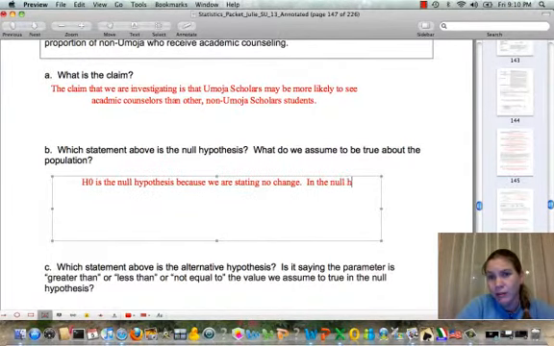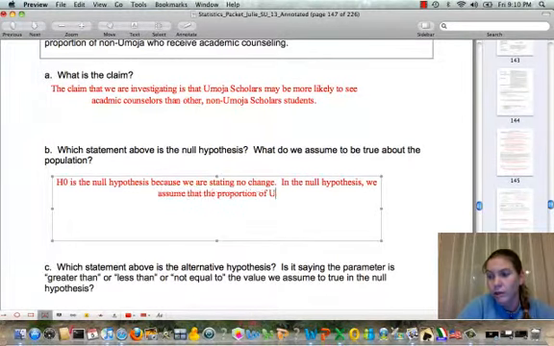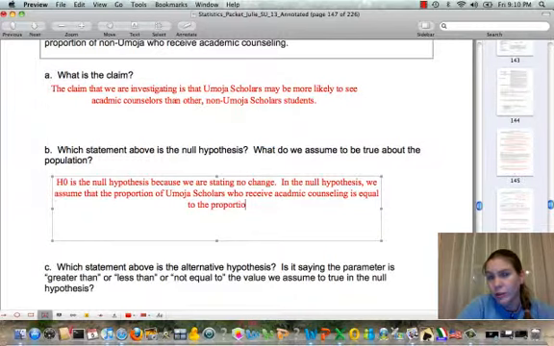In the null hypothesis, we assume that the proportion of Umoja scholars who receive academic counseling is equal to the proportion of non-Umoja scholar students who receive academic counseling.